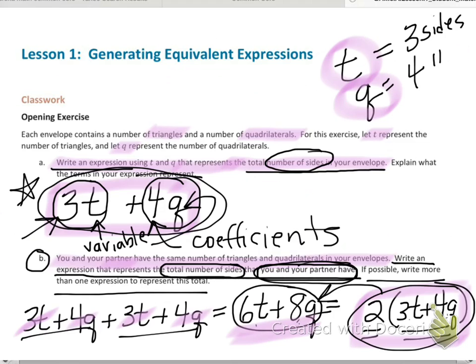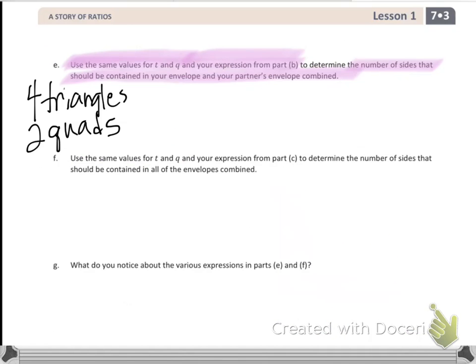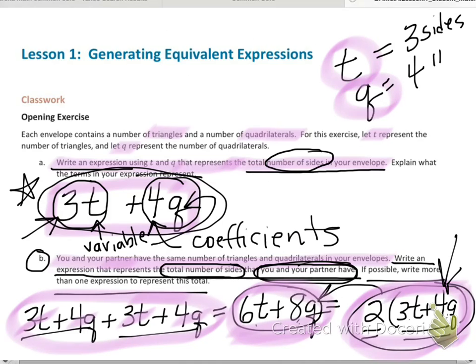Now if we go back to part B, you can choose one of these, whichever, this one or this one or this one. I'm going to choose to use this one: 2 times (3t plus 4q). That's my expression I'm going to choose. But again, you could choose either of these expressions here.